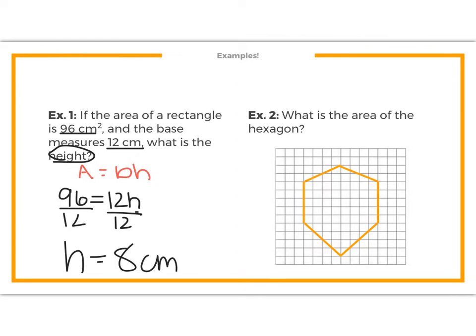On number 2, they're asking me what's the area of that hexagon. I'm going to split this into a few parts. I have this red rectangle. I have this green triangle, and I have this blue triangle.